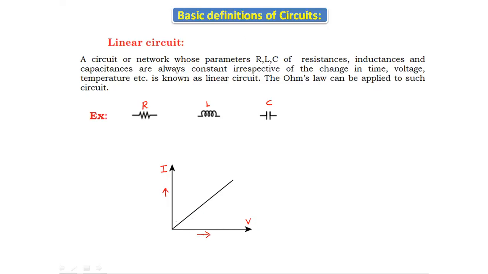If you increase the voltage, the current also increases. That's why we get linear characteristics. From this we can say that the resistor, inductor and capacitor obey Ohm's law. That's why Ohm's law has linear characteristics. So these elements are called linear elements. Okay, this is about the linear circuit.